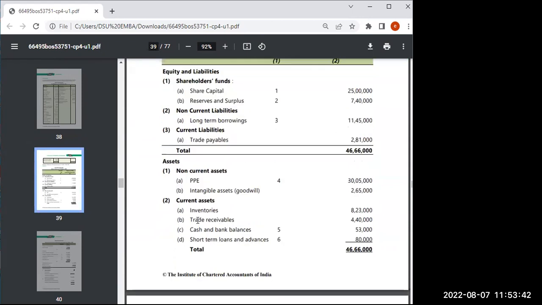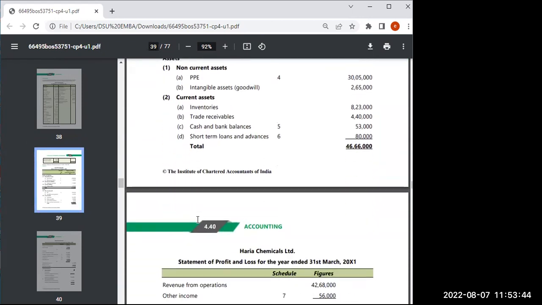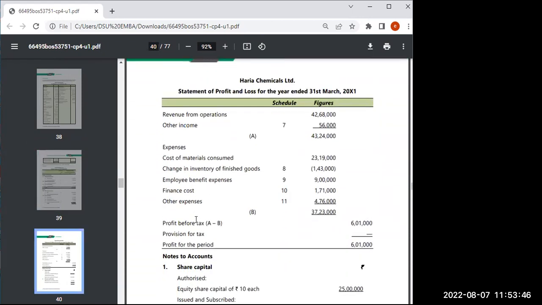Okay. Next, third item in the P&L account under the expense column is change in inventory. How do you find change in inventory? Except raw material, all the opening stock of inventory minus all the closing stock of inventories. What do you mean by all the opening stock of inventory?